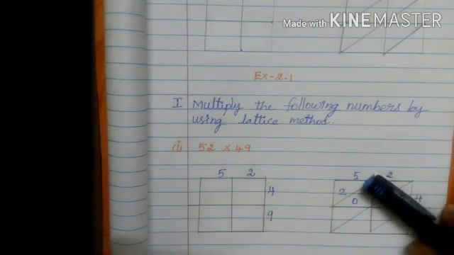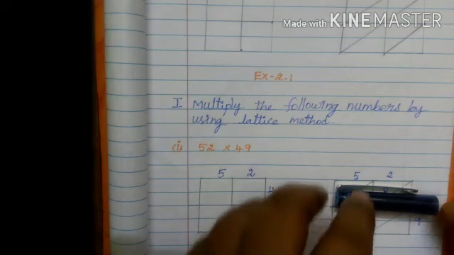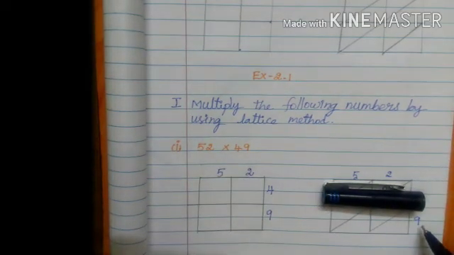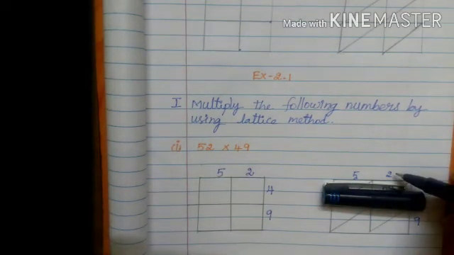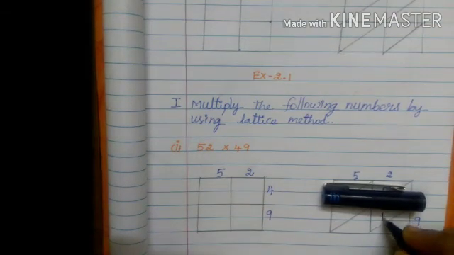Okay. Then next one, leave this box. Then you take the number for here 9. Then 2. 9 2s or 2 9s are 18. So you should write here 1 8, 18.